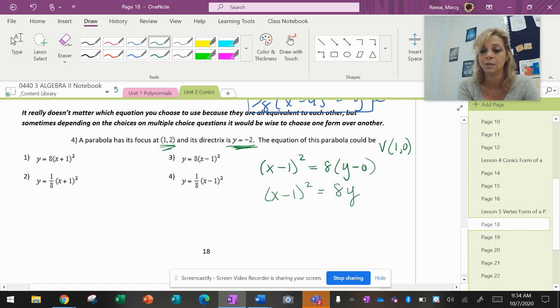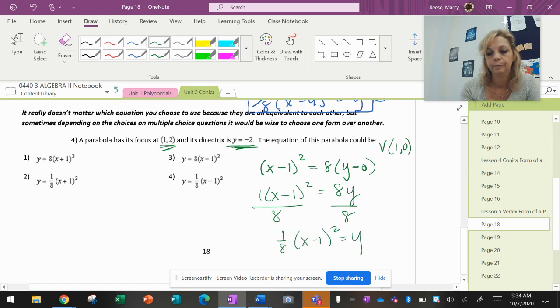You don't even need the parentheses, it's just 8y. Okay, well that's not bad, because the only thing I have to do to solve for y to get the answers to match is divide by 8, right? And remember, there's a 1 in here. I'm going to pull that 1/8 off to the side. And I'm going to match it, and it's definitely not these. It's right there, number 4.